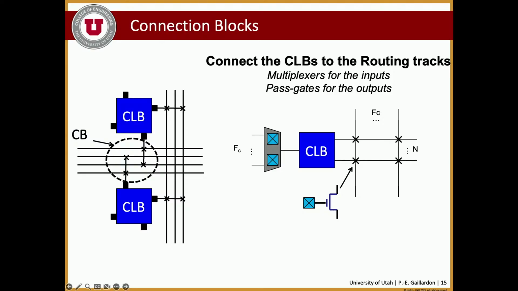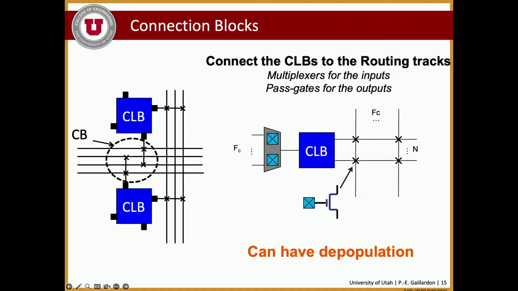Do you need to connect all the routing tracks all the time to every CLB? The answer is no. But if the answer is no, you're putting more strain on the programming tools. So that's where you'll have to be careful with that. That's what we call having depopulation of the routing resources, right? So you can depopulate your routing resource graph, essentially, to save in hardware resources.